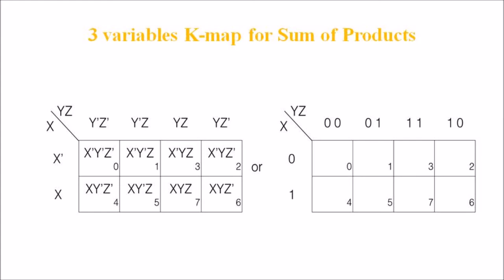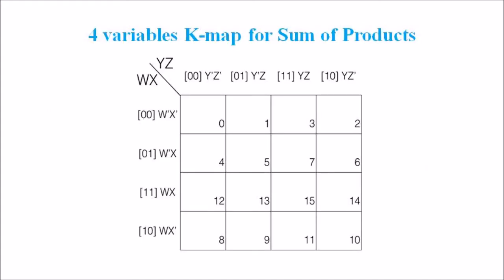So this is the 2 variable and 3 variable representation. Now we are moving to the 4 variable KMAP for SOP representation. Here we have 4 variables w, x, y and z. So n, the number of variables, is 4. Therefore, the total number of cells is 2 raised to 4, which is equal to 16 cells, represented in the KMAP as shown in this figure.